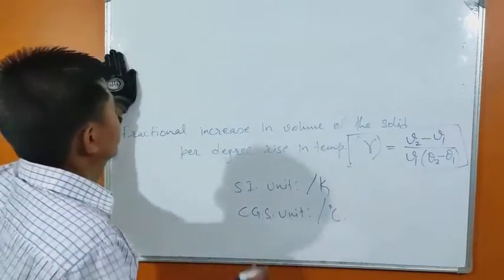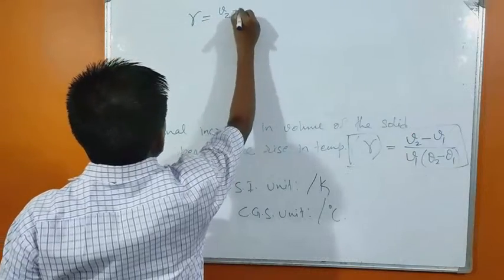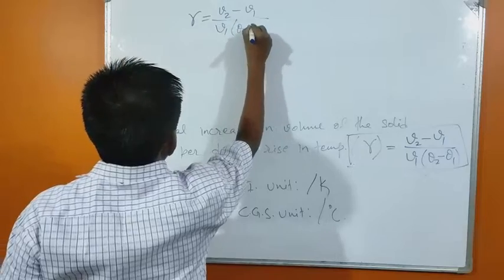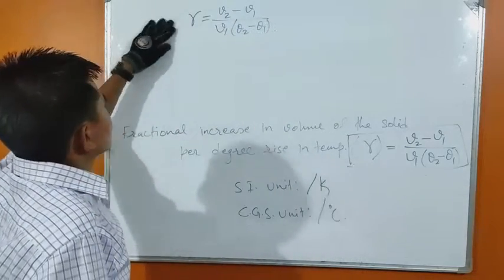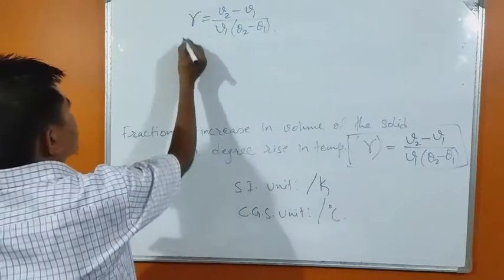We have gamma equal to V2 minus V1 divided by V1 into theta 2 minus theta 1, isn't it? From the definition of coefficient of cubical expansion of solid. Let us cross multiply this.